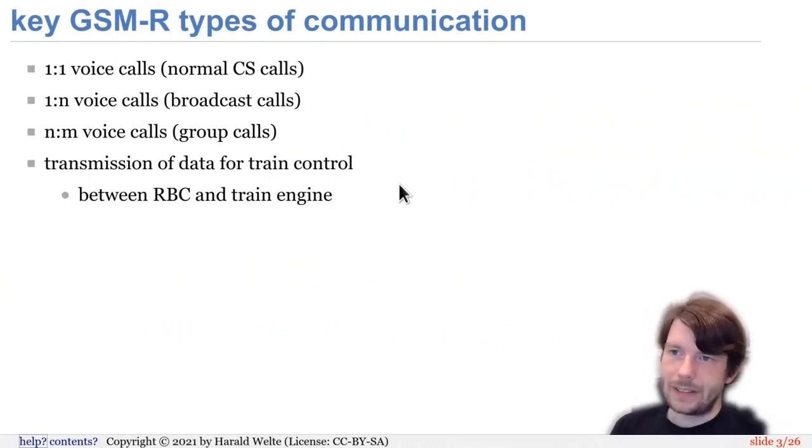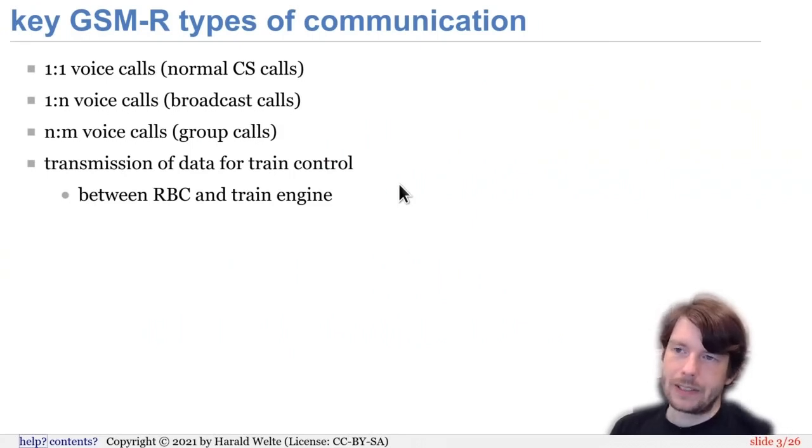There is the classic one-to-one, point-to-point voice calls, normal circuit switched calls, as we know them in normal GSM in the public networks. There is something that is new to Gsm-R, which is one-to-N voice calls, which are called broadcast calls, meaning there's one source of voice information that then gets broadcast to any number of receivers all across the network.